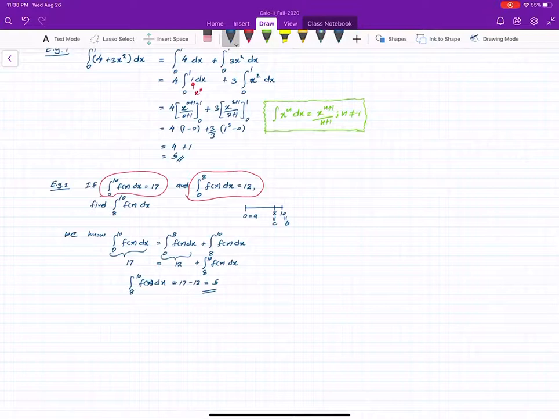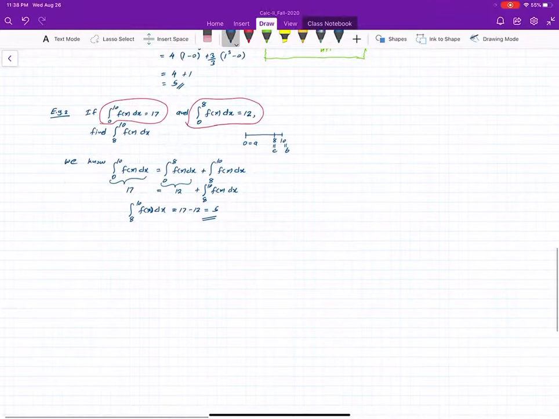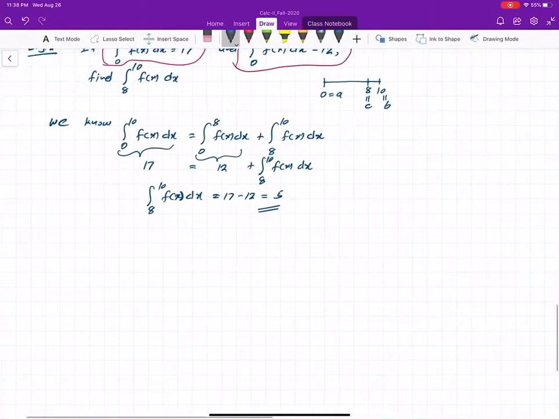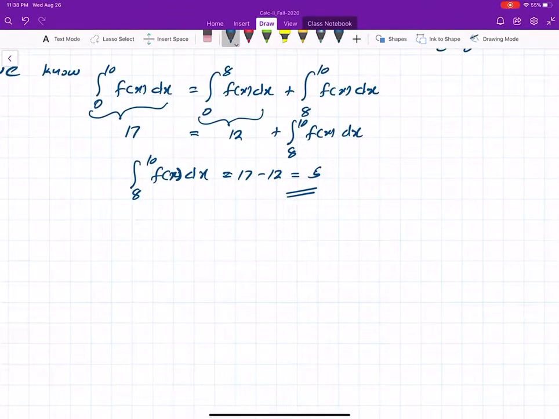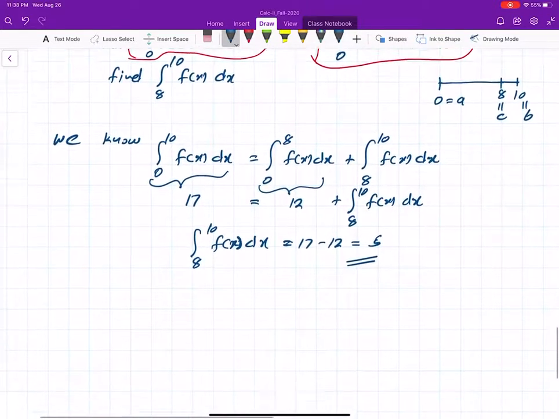Now let's move to the third example. Example number 3.